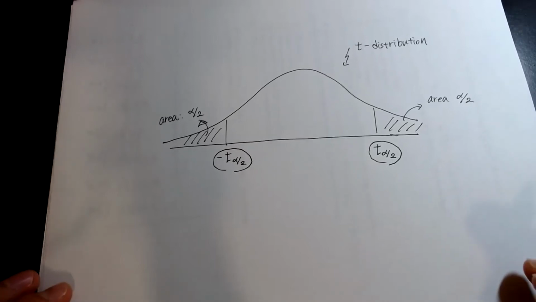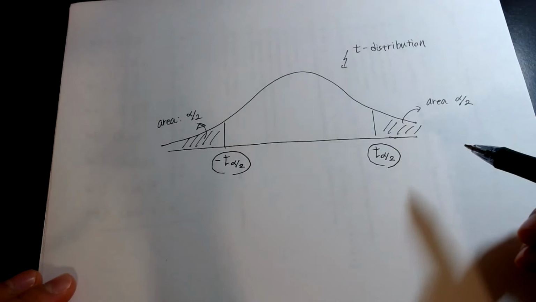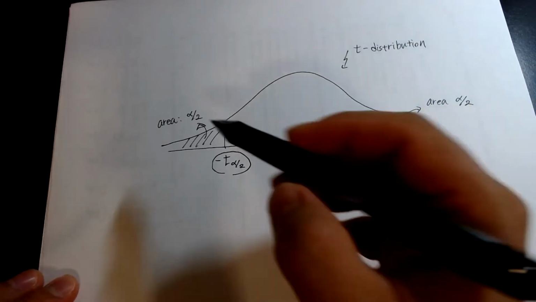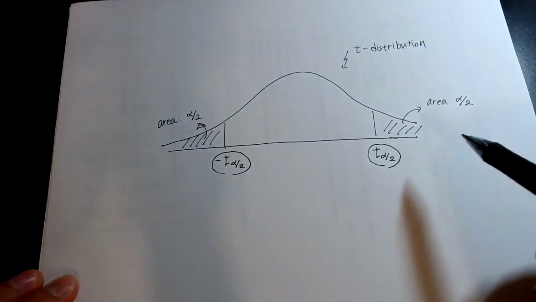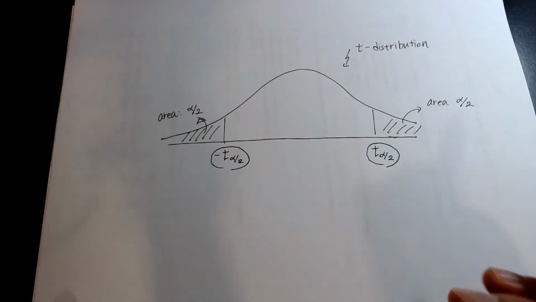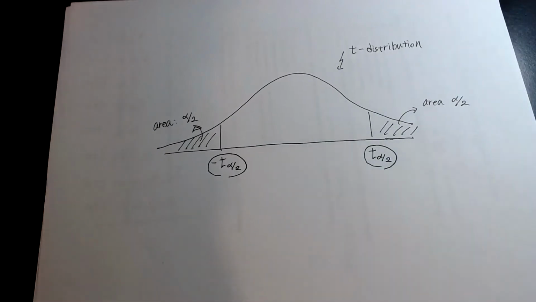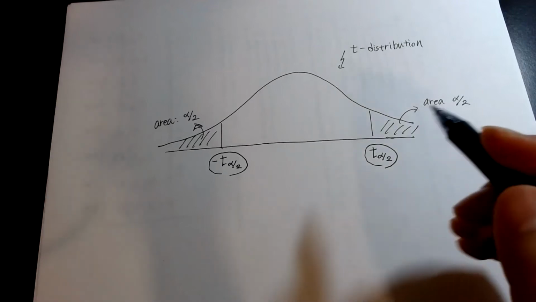Here I just drew the t distribution graph. Alpha over 2 is the area in each tail, because this is a two-tailed hypothesis test. I'm sure you already know about this, and if you don't get it, please go back to chapters 7 and 8.